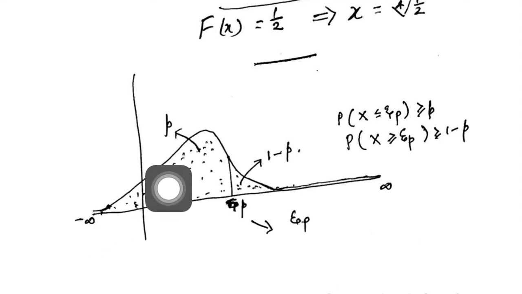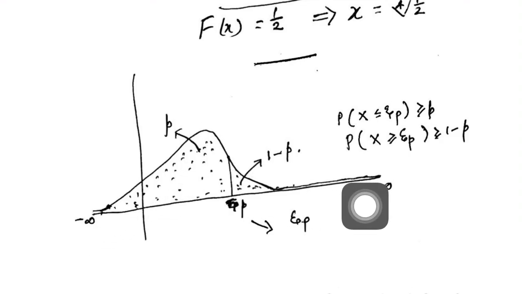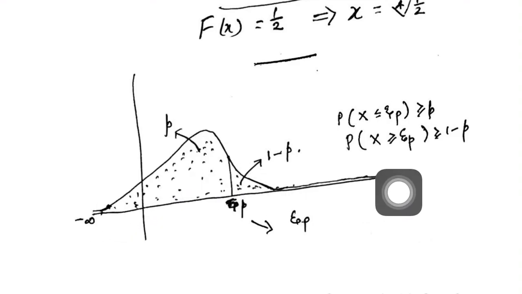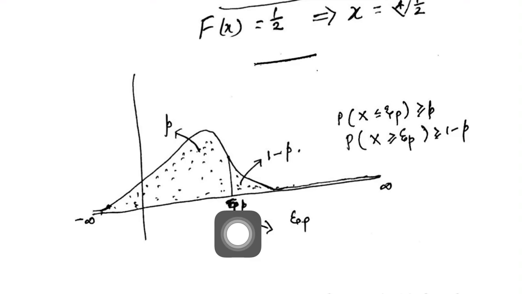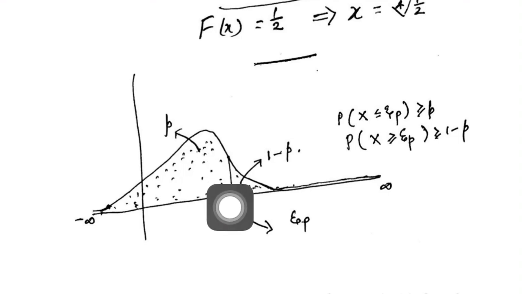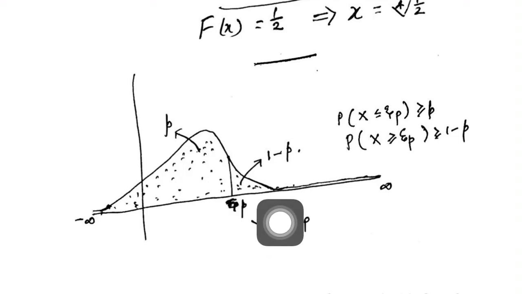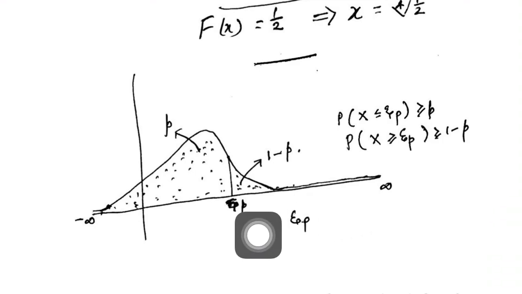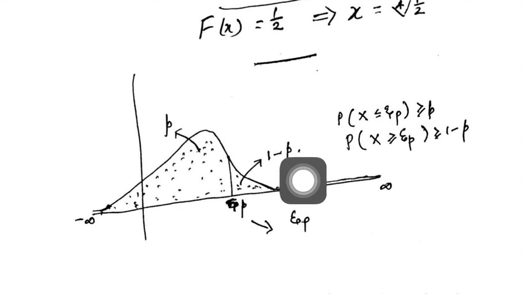It is the graph of the PDF of a continuous random variable. And psi p is that cutoff value such that the probability at or below psi p is greater than or equal to p, and the probability that X is greater than or equal to this cutoff value is also greater than or equal to 1 minus p.